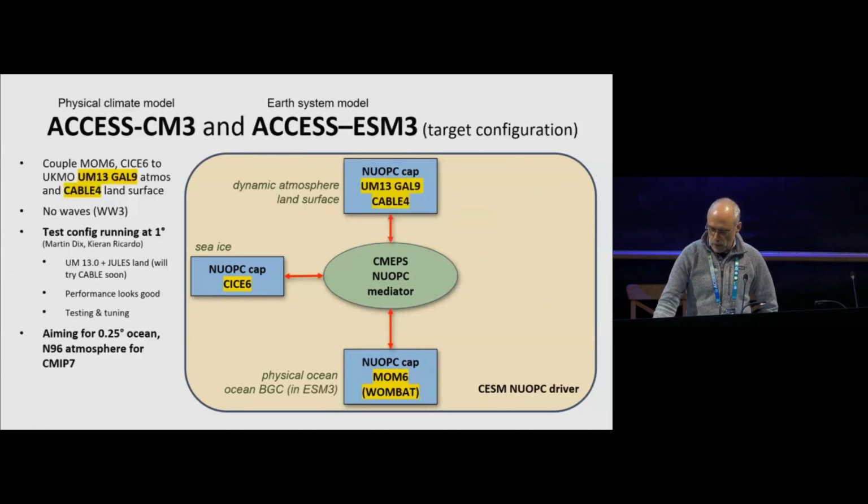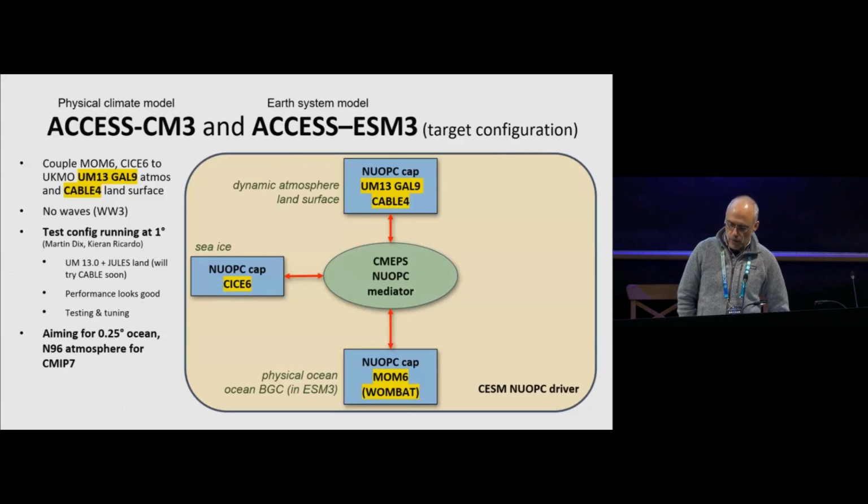But as I said, we're working towards higher resolution. For CM3 and ESM3, basically those prescribed forcings get replaced by the UK Met Office UM13 GAL9 atmosphere, and the plan is to use the CABLE 4 land surface model, which is under development at the moment.